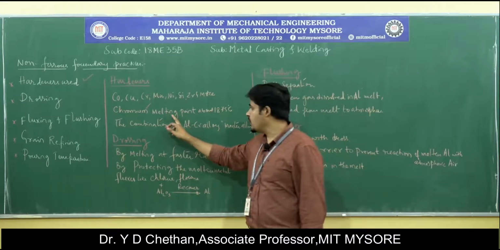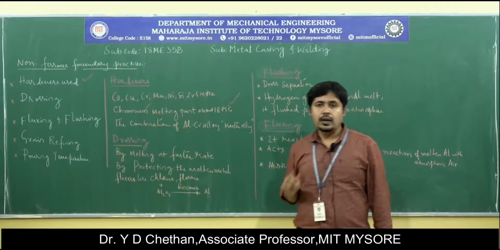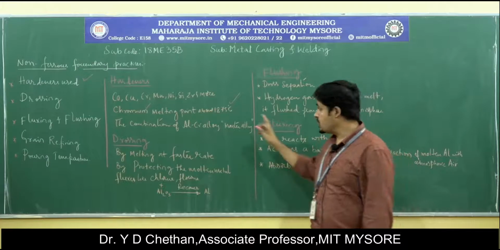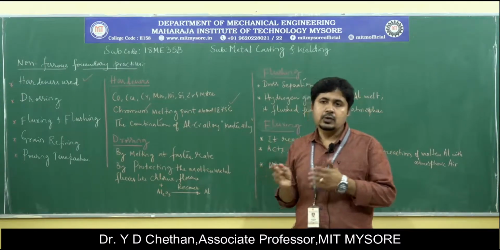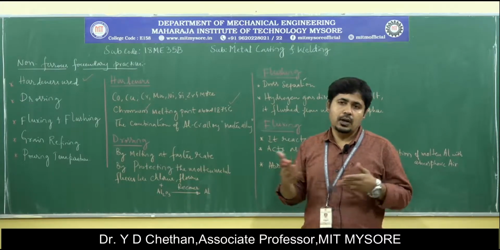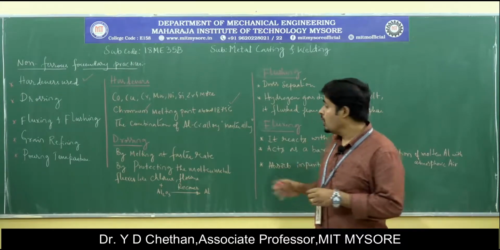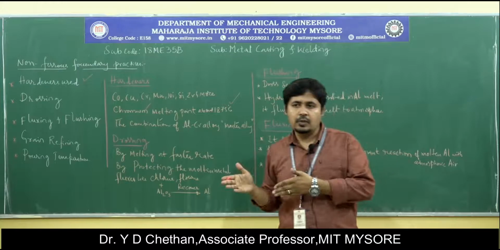The chromium melting temperature is 1875 degrees. First we need to mix this chromium with the aluminum. You are all aware that the aluminum melting temperature is around 650 to 670 degrees Celsius. Then what is the procedure to mix this hardener with the aluminum casting?